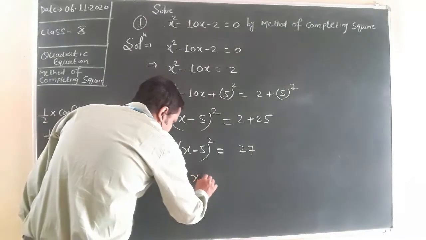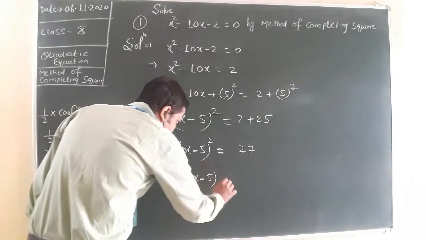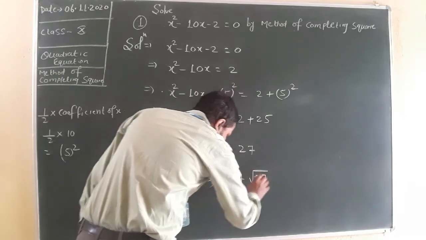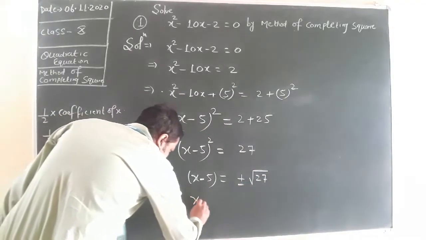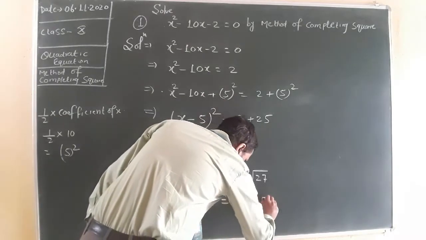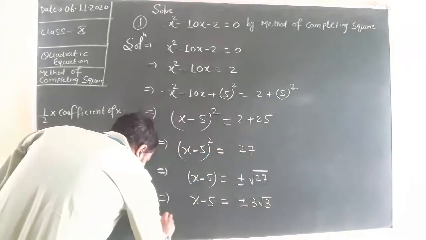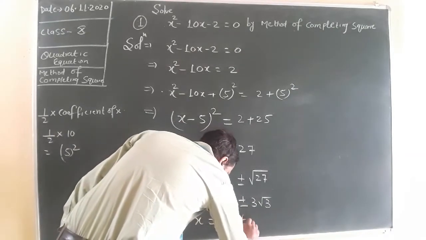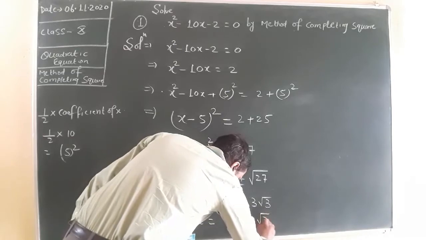Now x minus 5 is equal to plus minus under root 27. So x minus 5 is equal to plus minus 3 root 3. Now transfer this 5 to this side, so x will be 5 plus minus 3 root 3.